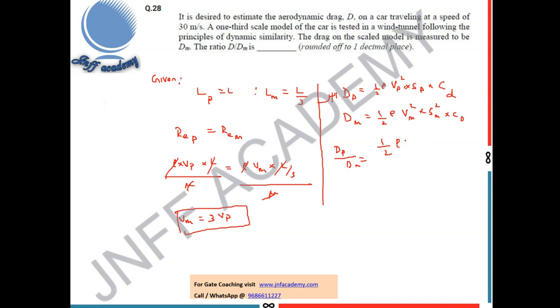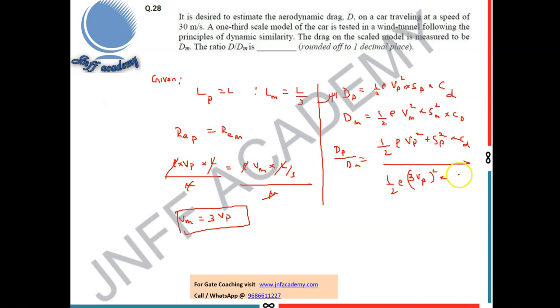So what will happen? Dp by Dm is equal to half rho Vp square into Sp into Cd divided by half rho. Now substitute Vm in terms of Vp. Vm is equal to 3Vp, right? 3Vp the whole square into, substitute Sm in terms of Sp.